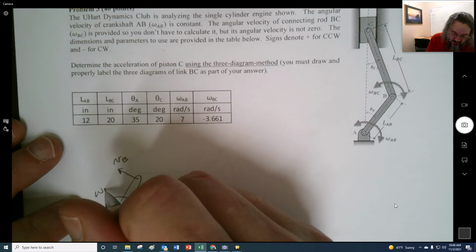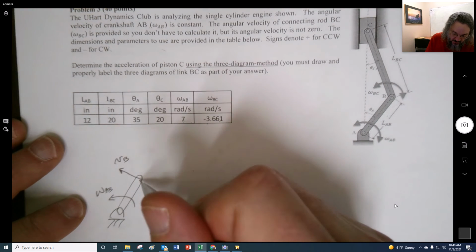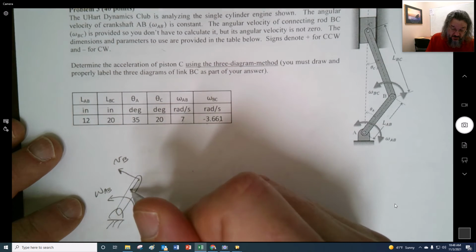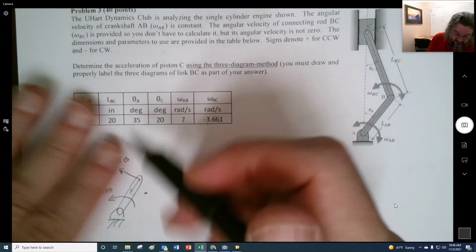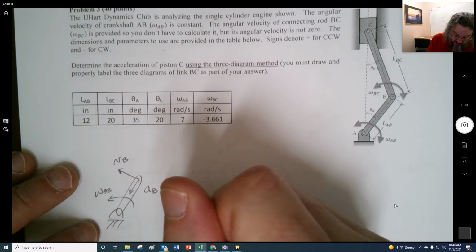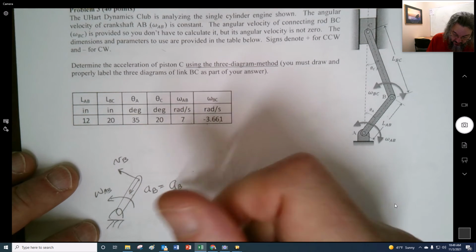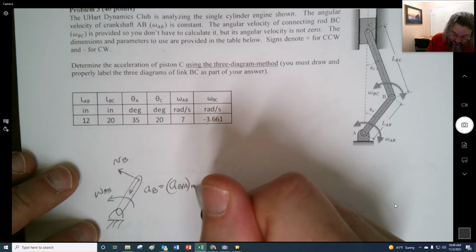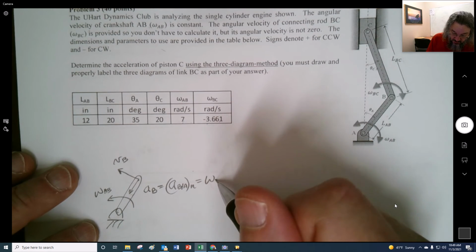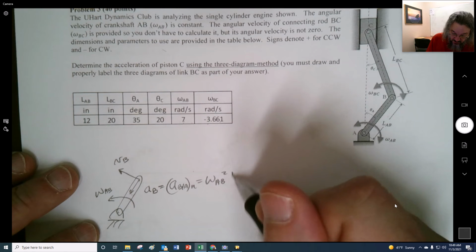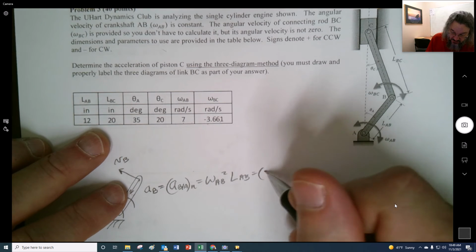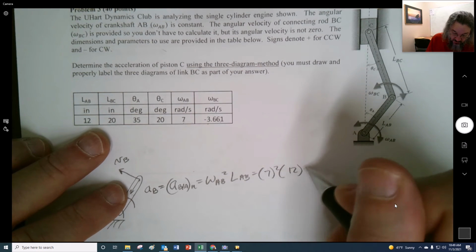What we care about is the acceleration here at B. And since it's constant, the only acceleration that this thing is experiencing at this instant is the acceleration of B with respect to A in the normal direction, right? So it's coming downwards that way. So it's just omega AB squared times L AB. So 7 squared times 12.